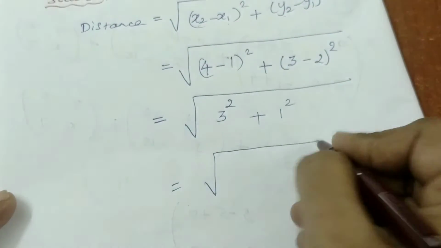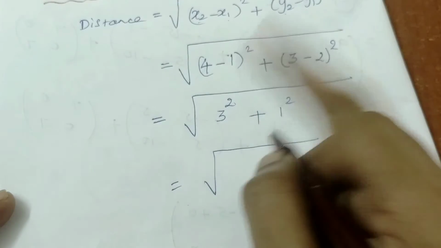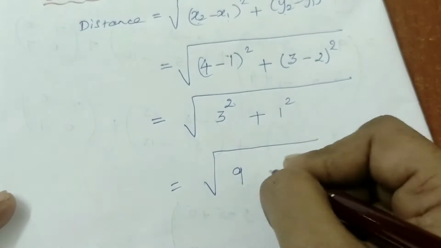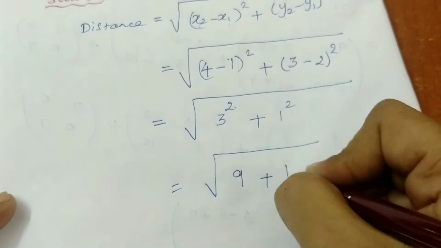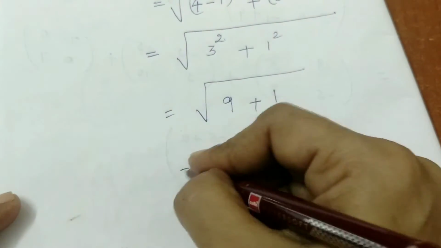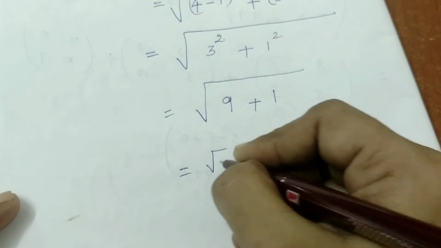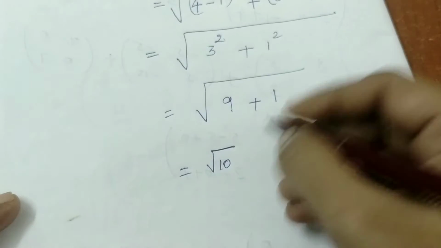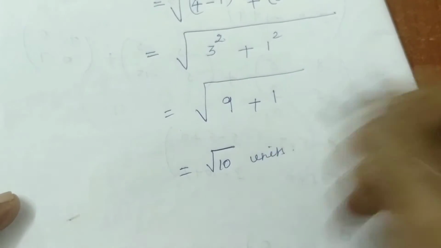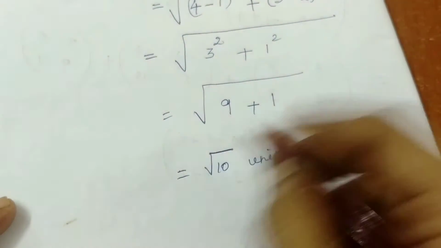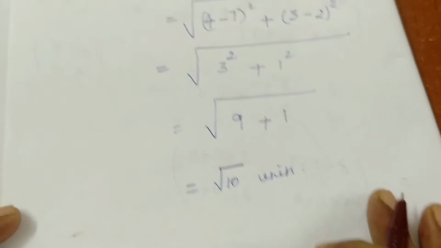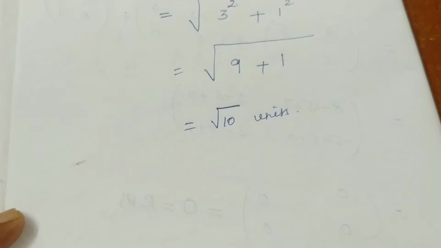And then 3 square is nothing but 3 into 3, 3 threes are 9, plus 1 square is nothing but 1 into 1, and then 9 plus 1 is 10. So root 10 units. So our distance unit is units. Okay. So our first sum answer is root 10 units.